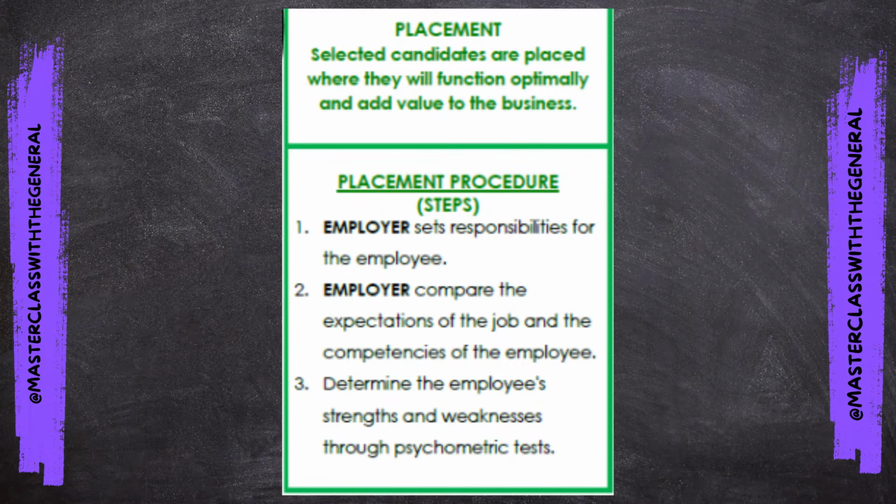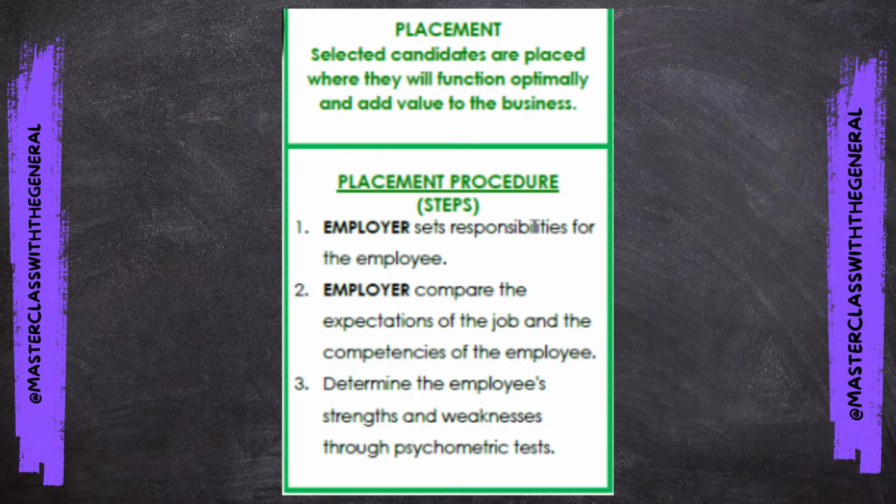That is placement. And then we also look at the placement procedure. What are the steps we take when we are looking at placing someone? Number one, the employer sets responsibilities for the employee. So there is a standard here, which is the responsibilities of the job that are set by the employer. Number two, the employer compares the expectations of the job and the competencies of the employee.